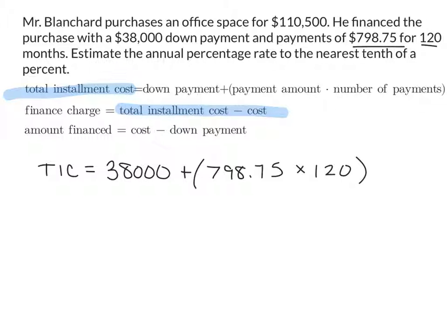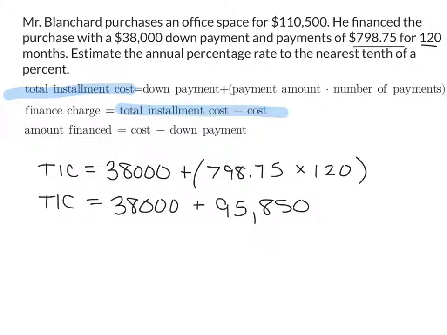First, we'll multiply 798.75 by 120, which gives us a value of $95,850. Next, we'll add that value to 38,000. That gives us a total installment cost of $133,850.